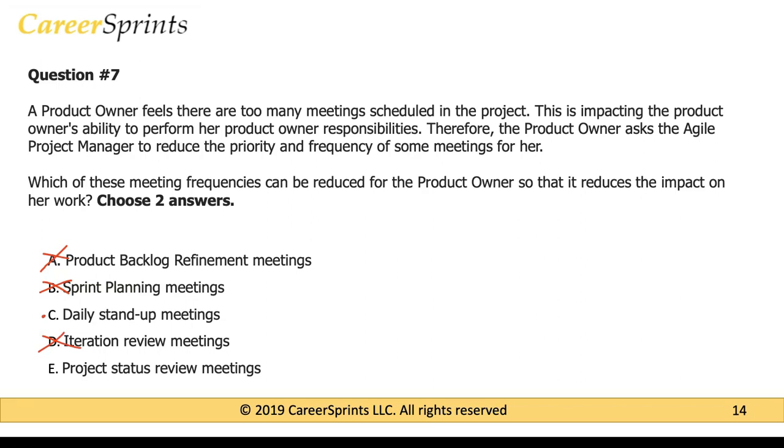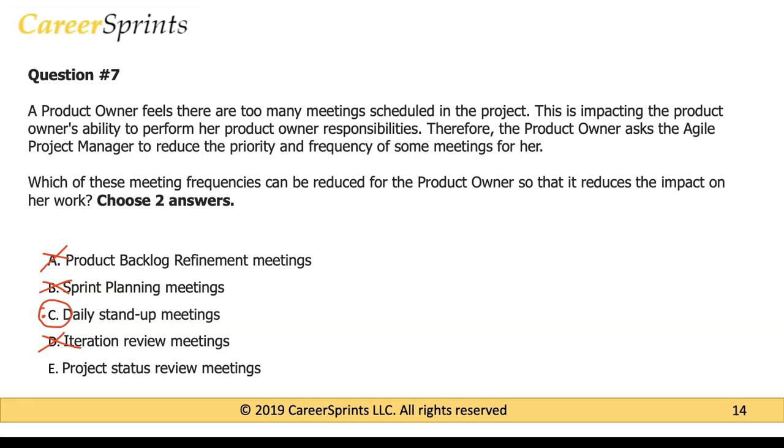So obviously the options that are left are the daily stand-up meeting. Although the product owner must make all attempts to attend the daily stand-up meeting, if you read the Scrum guide or any other Agile manuals or books, the product owner's attendance in the daily stand-up is optional.